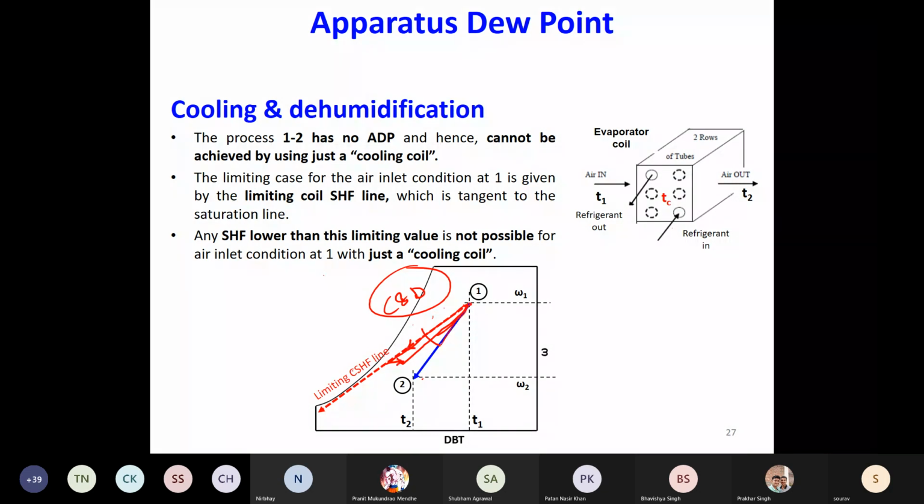But now you require an outlet condition over here, then it becomes quite difficult to attain the same humidity ratio using one single coil. So you break it down into two processes and then reheat. Cool, reheat, cool, reheat.